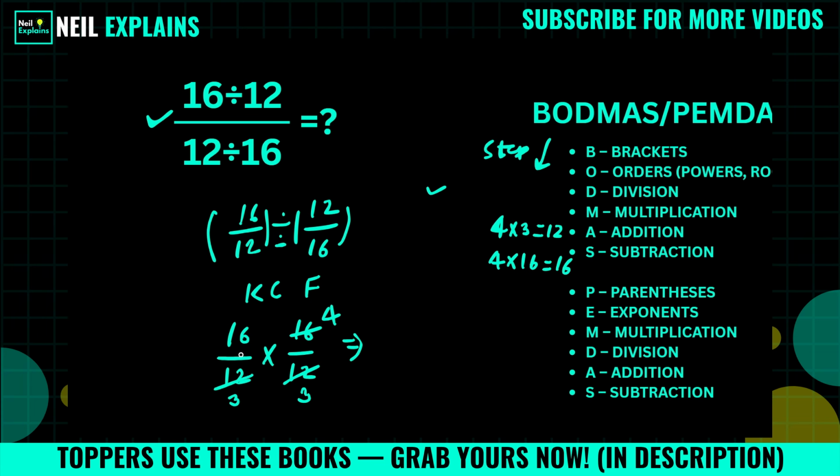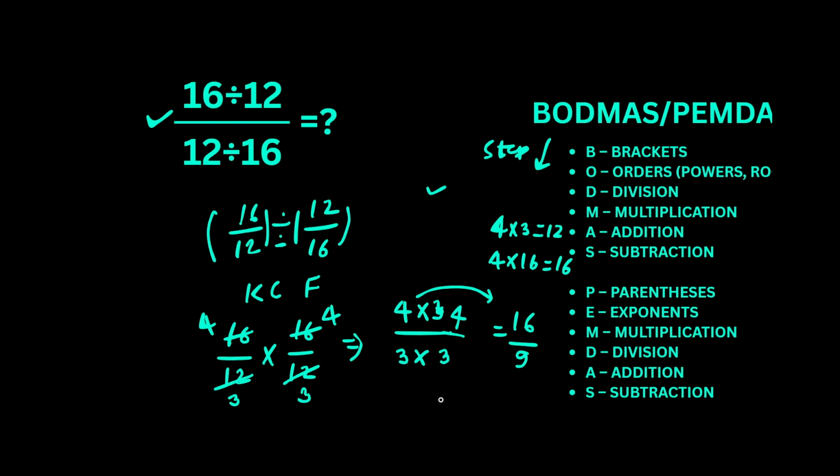It will be the same for here. So at the numerator, it is 4 times 4 divided by 3 times 3. Oh, sorry, this is not 3, this is 4 and 3. And the answer will be 4 times 4, that is 16, 3 times 3, that is 9. So here the answer is 16 by 9.